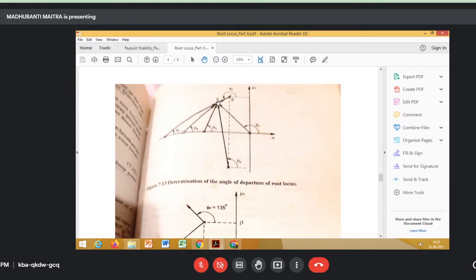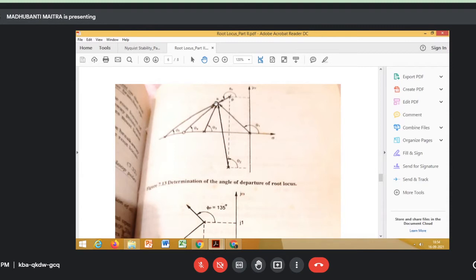Assumption number two is this point is very close to this open loop pole, and we'll be calculating the angle of departure from this complex open loop pole. So again, I repeat, S0 is a trial point which is a one-on-locus point, and this point is very close to this open loop pole.